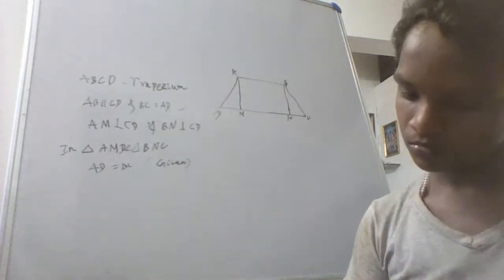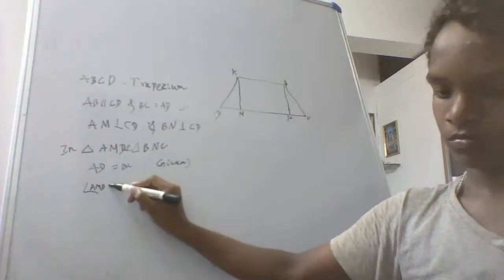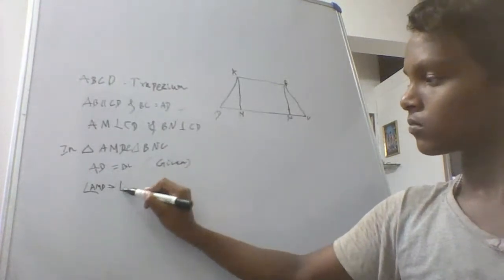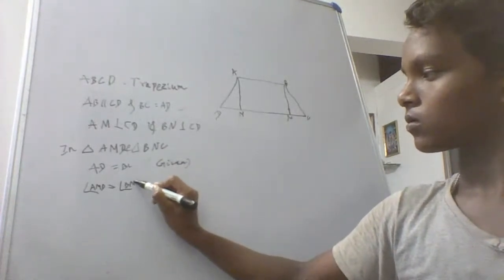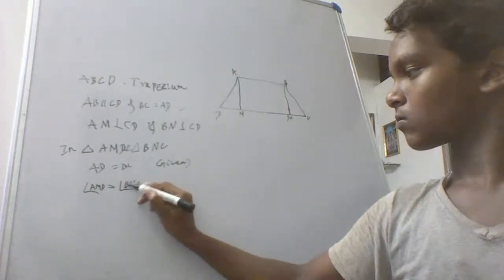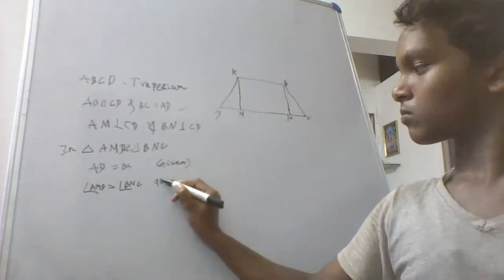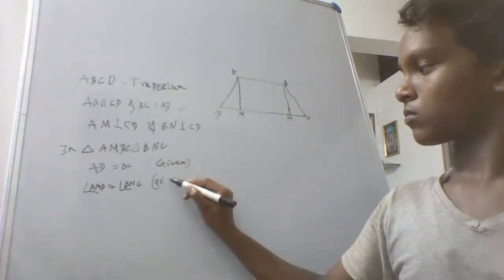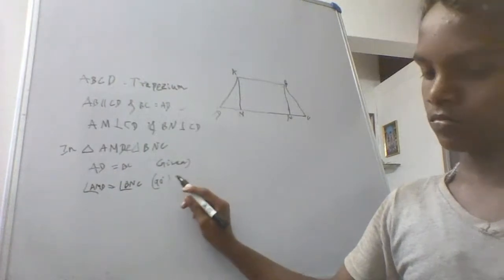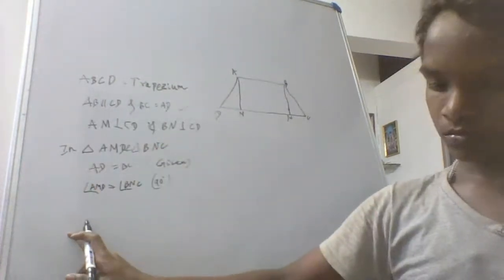So next, angle AMD is equal to angle BNC. Each is 90 degrees.